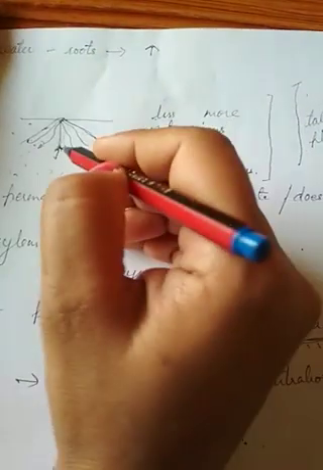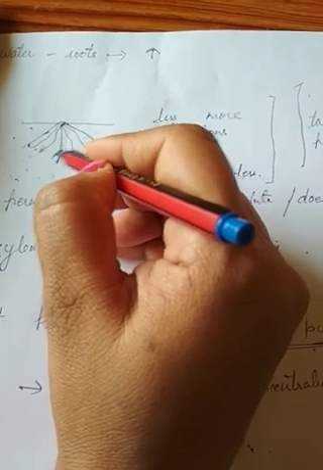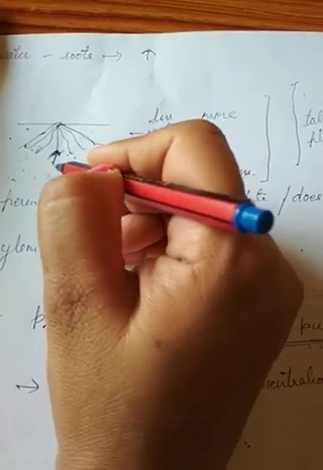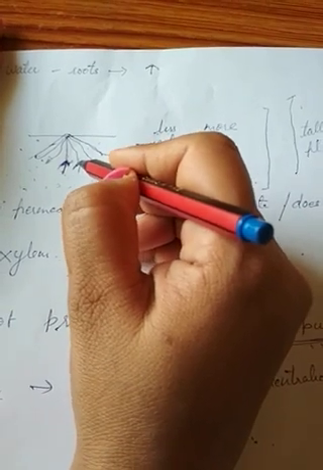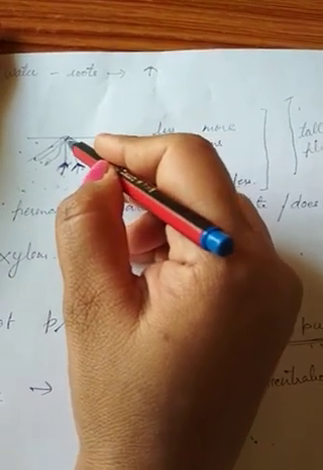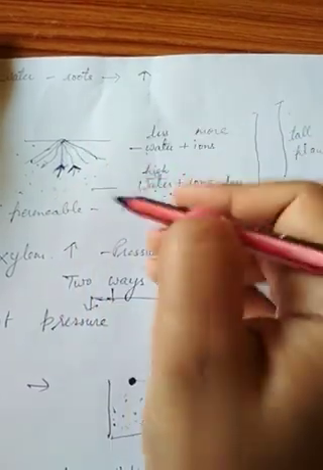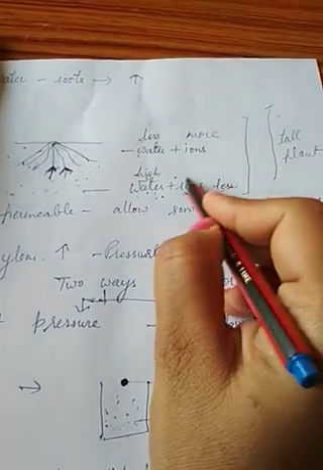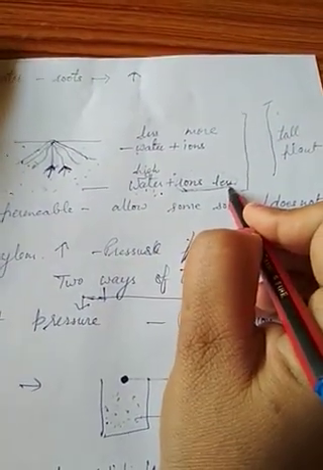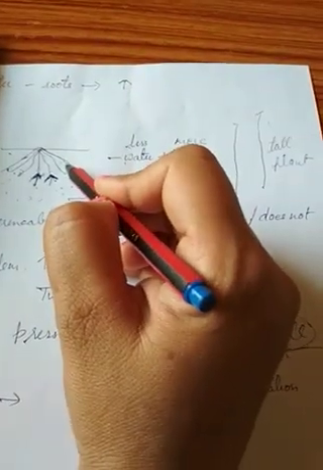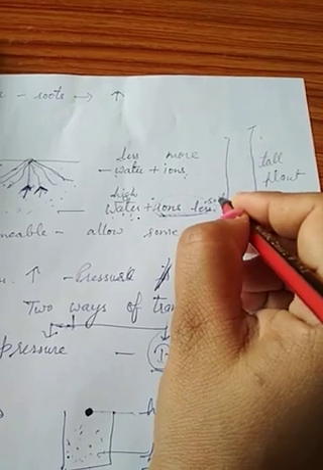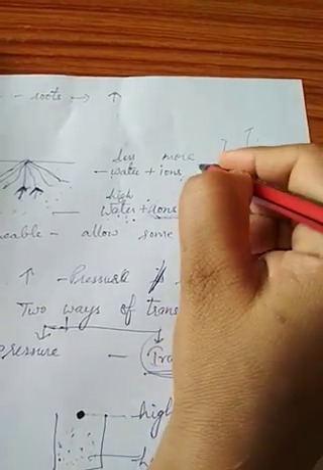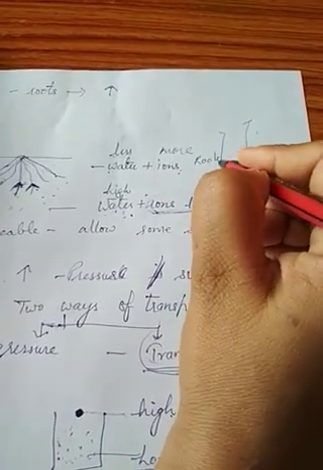When water is moving up from the soil, it is also carrying some of the ions along with it. Inside the soil the ions are in less concentration, and inside the roots they are in more concentration.